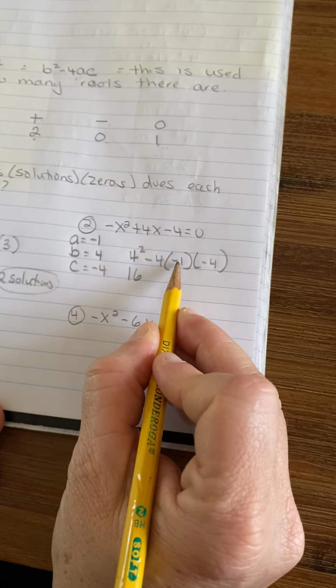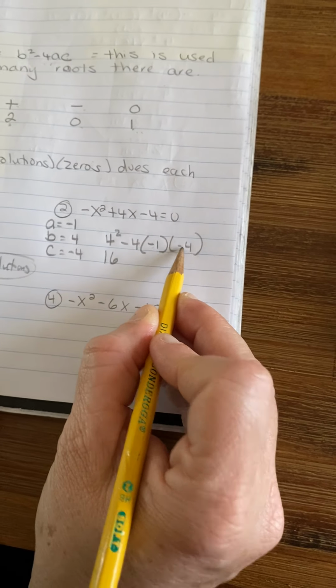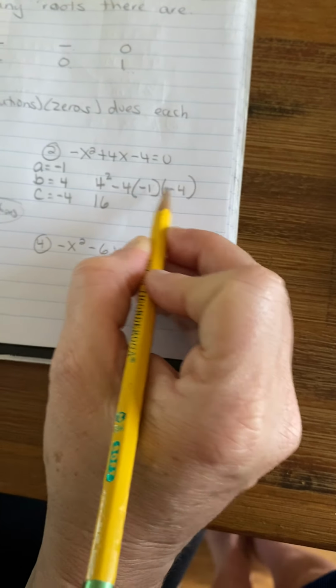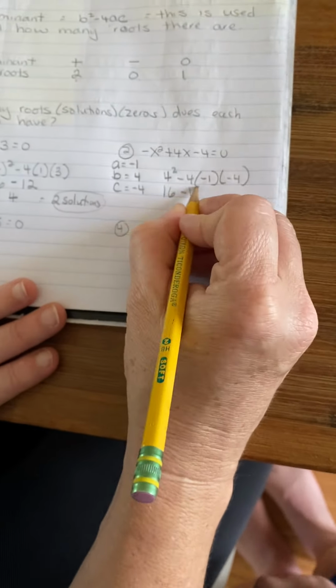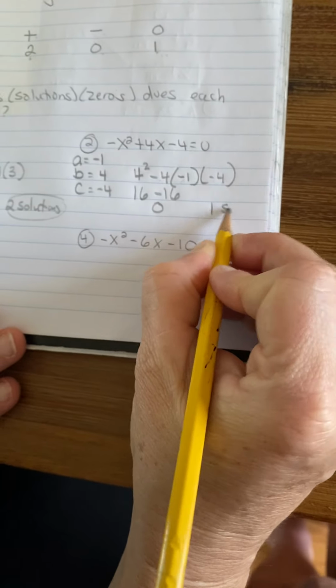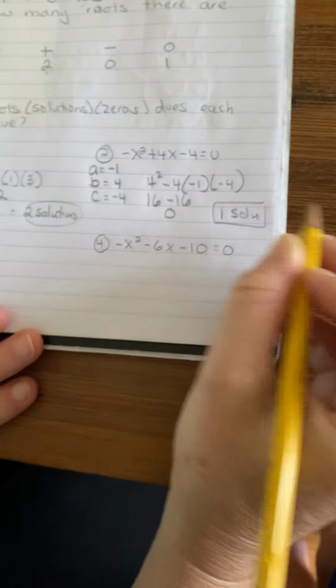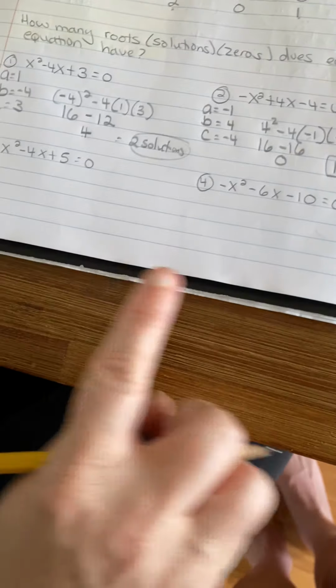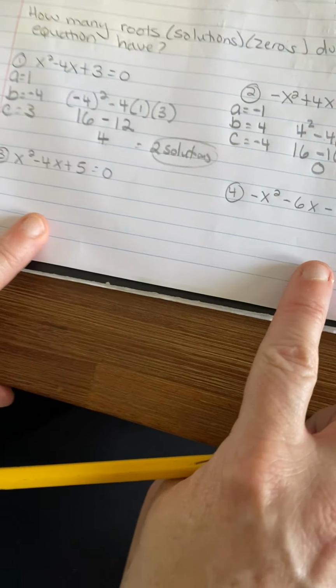I have -4 times -1 times -4. So -4 times -1 is +4, and +4 times -4 is -16. I get 0 for an answer, which means I'm going to have 1 solution. Remember, these questions are just asking how many solutions you have. So you guys go ahead and try those two.